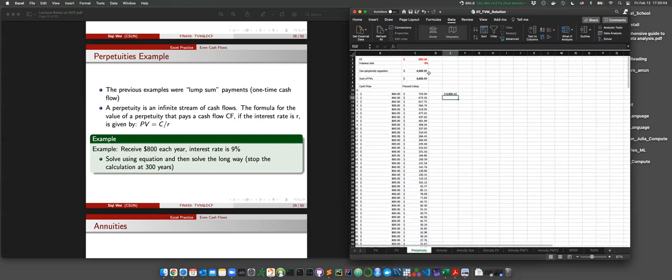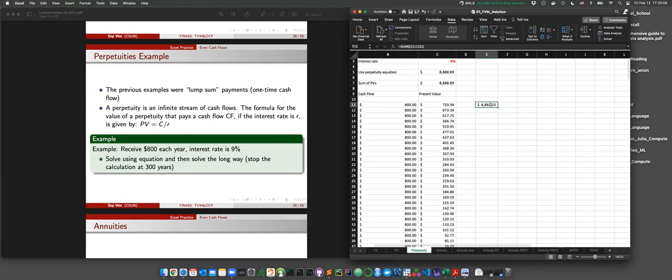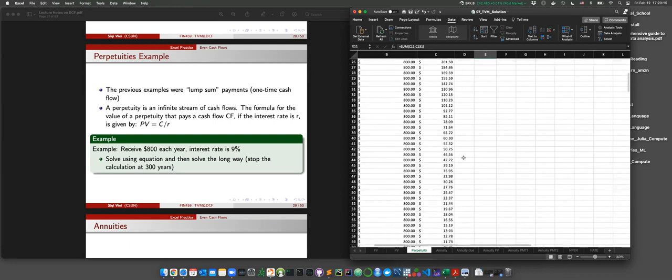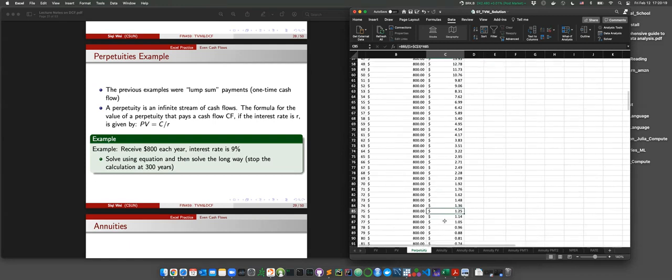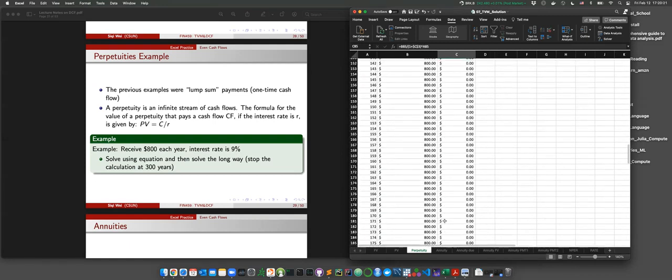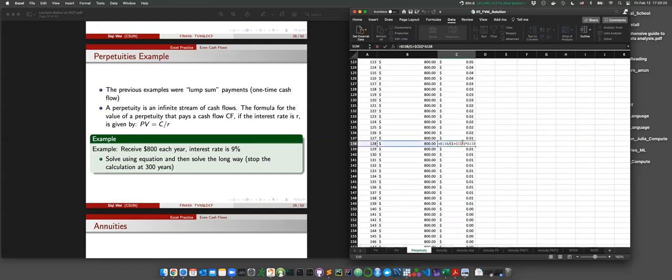If you look at the first 100 terms, the present value is pretty close to the real present value of this perpetuity, because you can see that after the first 100 terms, the discounted value is actually very little.